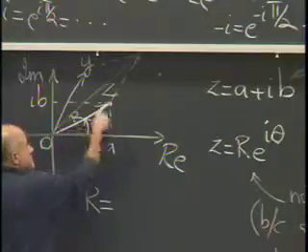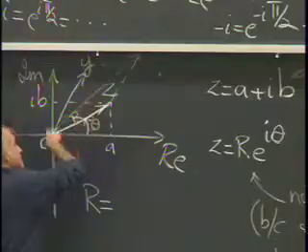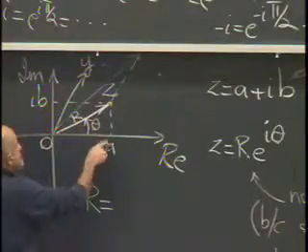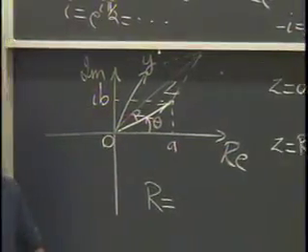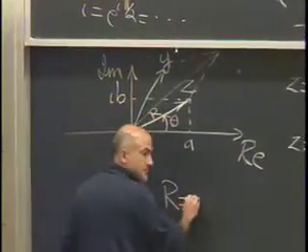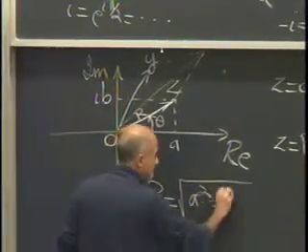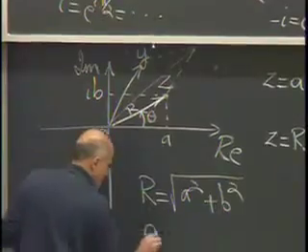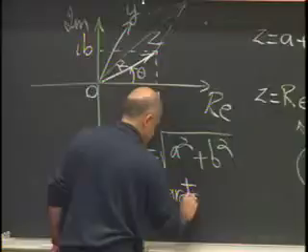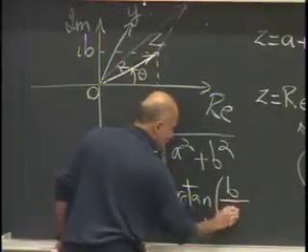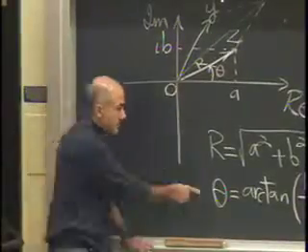The distance from the tip of this vector to the origin, if this is a and the magnitude of this is b, what is it? Square root of a squared plus b squared. And what about theta? Arctangent of b over a. And to the extent that arctangent has ambiguity, your theta has the ambiguity.